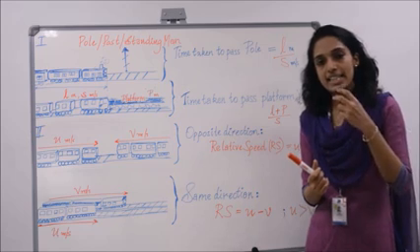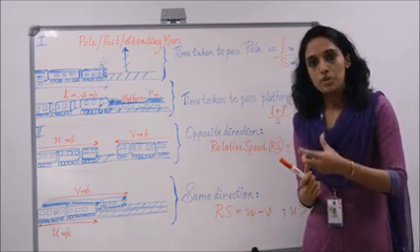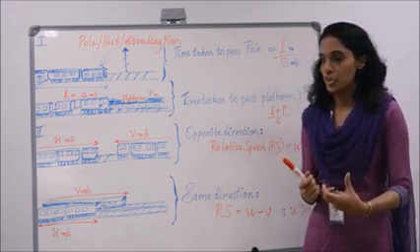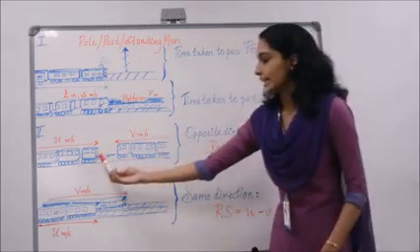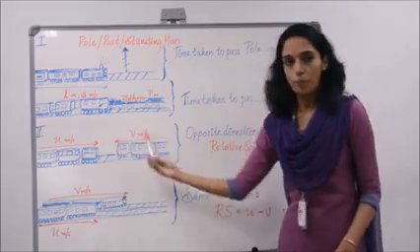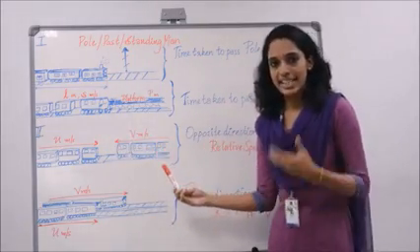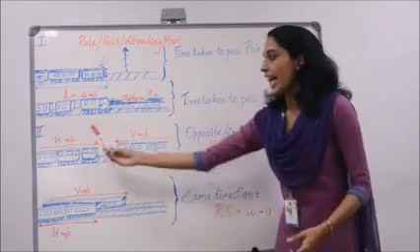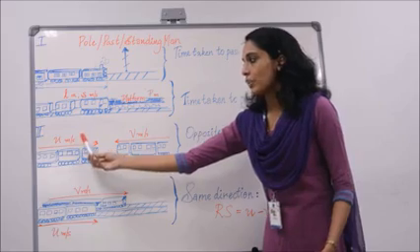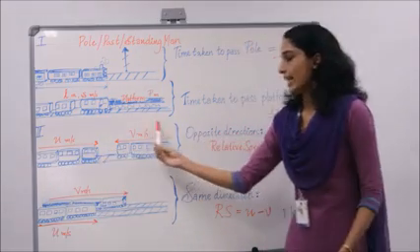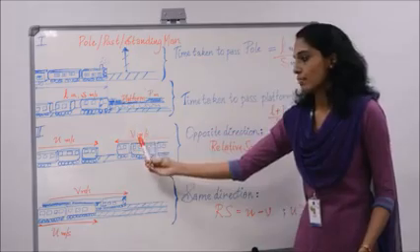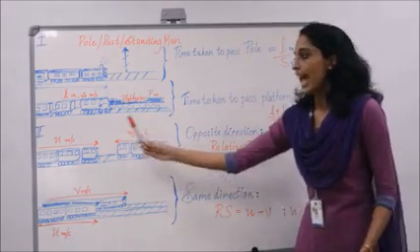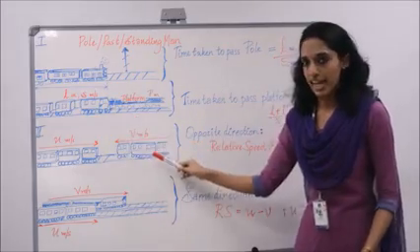Now, let's consider the next topic, that is relative speed. Relative speed is the speed of one object relative to another object. So, let's consider two trains, two objects. It may not be trains every time. It may be any moving object. One is having a speed u meter per second and another object is having a speed v meter per second, and they are moving in opposite directions.